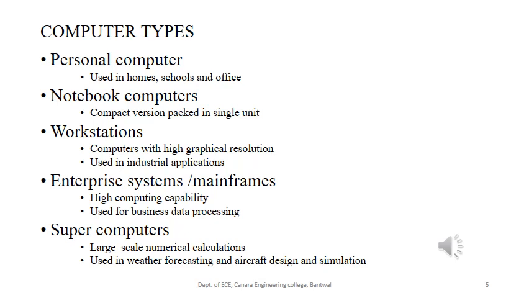Whereas supercomputers are designed to perform large scale numerical calculations. These supercomputers are used in weather forecasting or weather monitoring stations, aircraft designs, defense equipment, or applications which require higher data calculations along with numerical calculations. In such cases, supercomputers can be used.